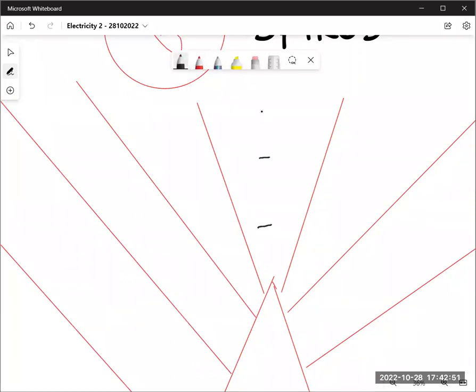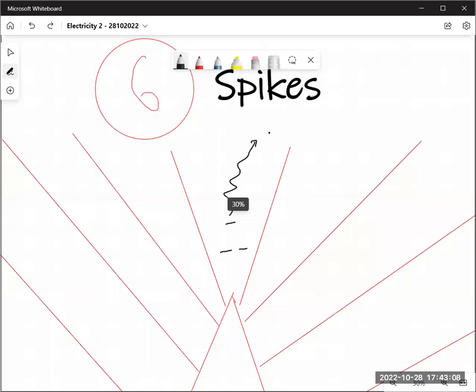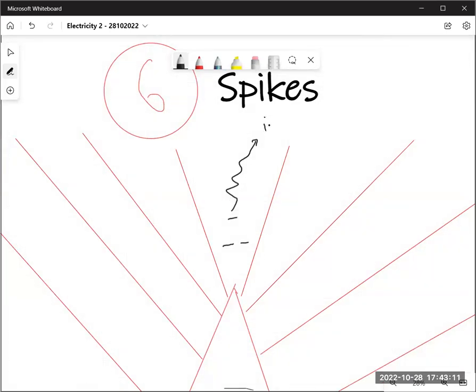They basically go out. Let's say ions escape, cause spikes.